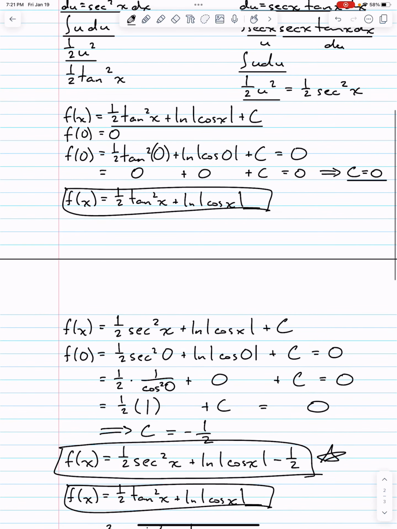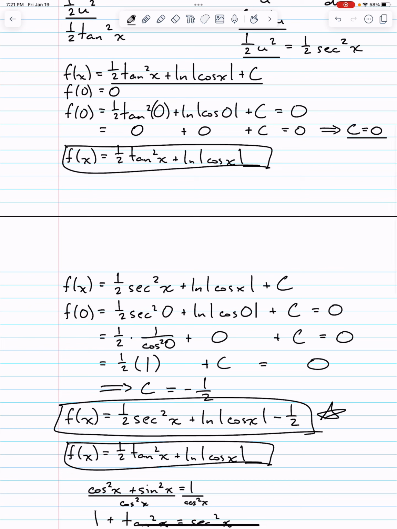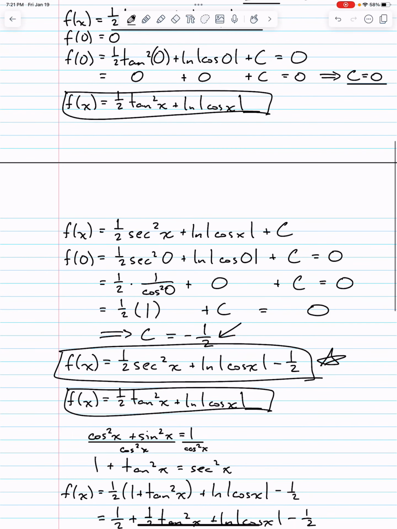On the other hand, if we go with the secant squared of x, when I plug in 0 for all those x's, I get that c is equal to negative 1/2. Again, it looks like I'm just making these functions more different. In this case, I get the function f of x equals 1/2 secant squared x plus natural log of absolute value of cosine x minus 1/2.